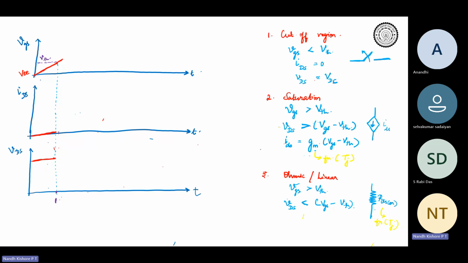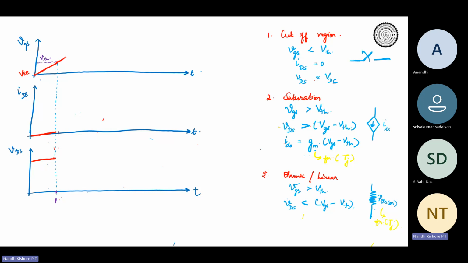When the device turns on, it can never turn on directly in the ohmic or linear region. It will always turn on in the saturation region at the instant of turn on. Then from saturation, as VGS increases, it will slowly go to the ohmic region. So right now we are in the saturation region.